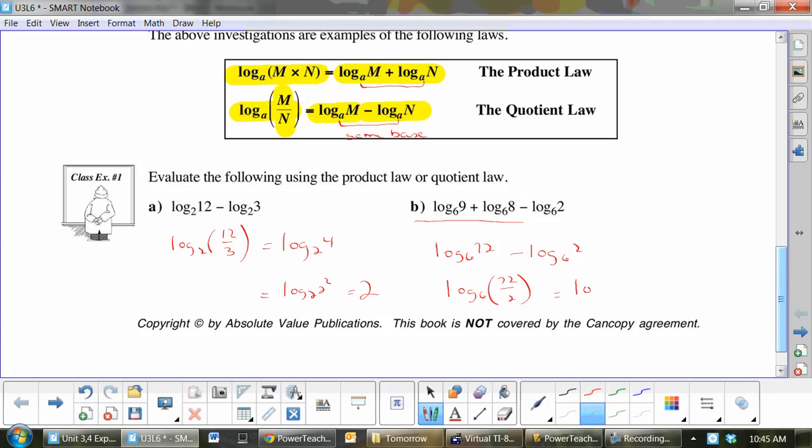Which equals log 6 of 36, which equals log 6 of 6 squared, right? 6 squared is 36. So the answer is 2 again.